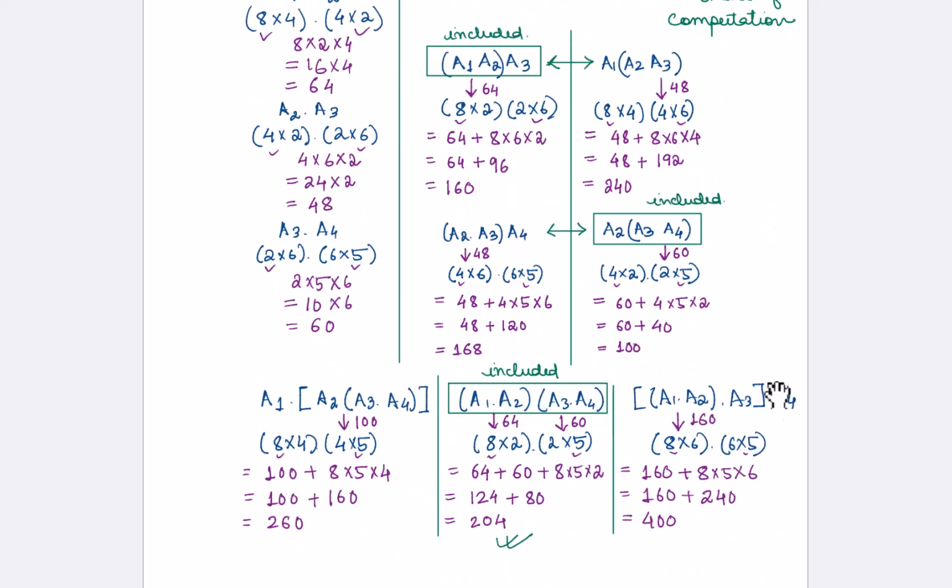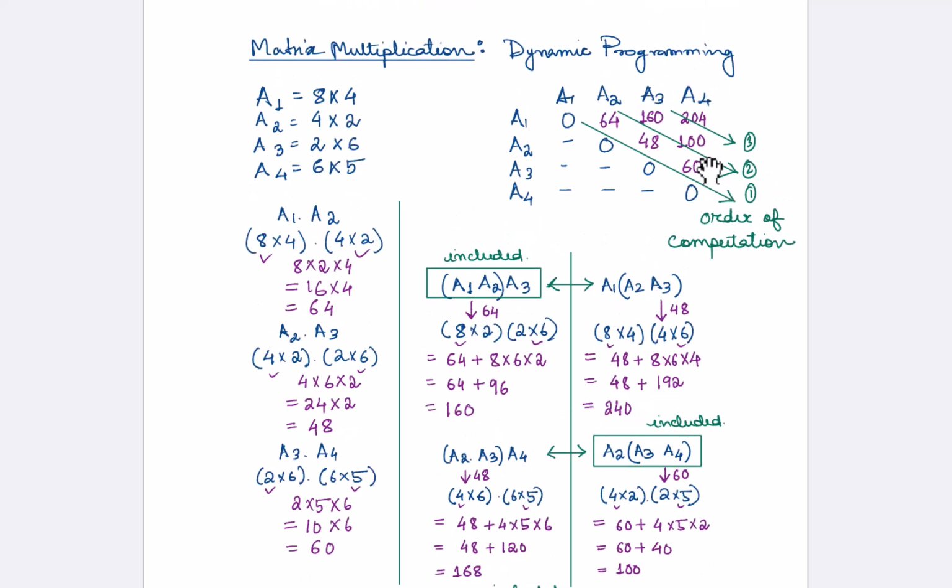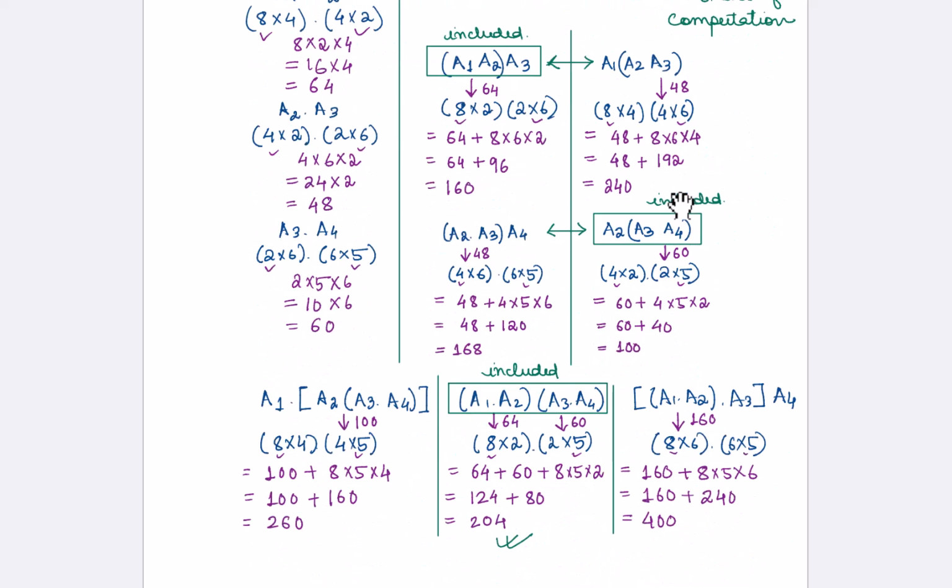And here we see that if we go for this particular approach, that is A1 into A2 separately, then A3 into A4 separately, and then multiplying the results, we get the least amount of multiplications required. So this is matrix multiplication using dynamic programming. Okay, so thank you very much.